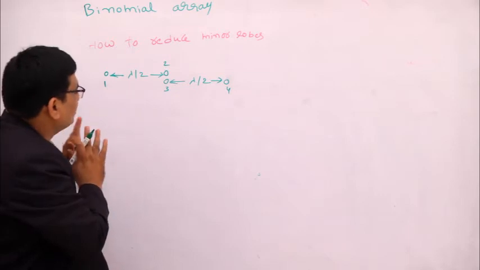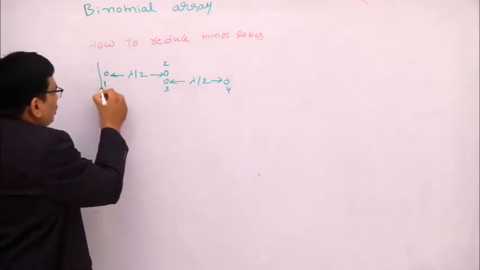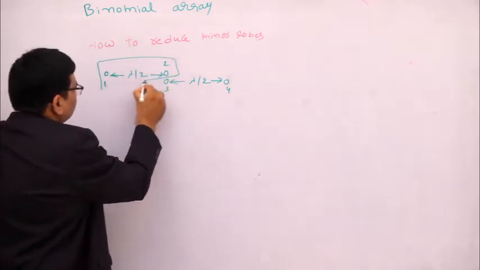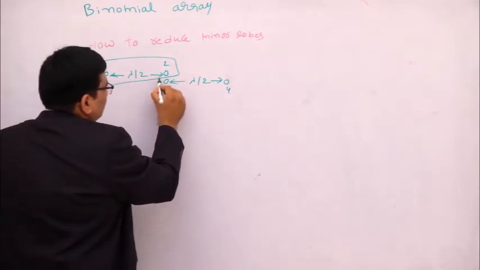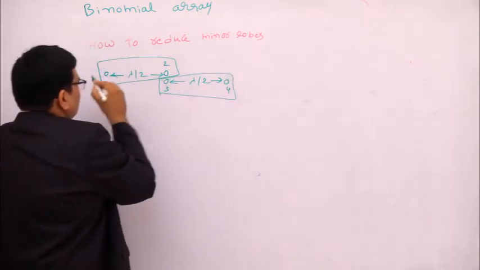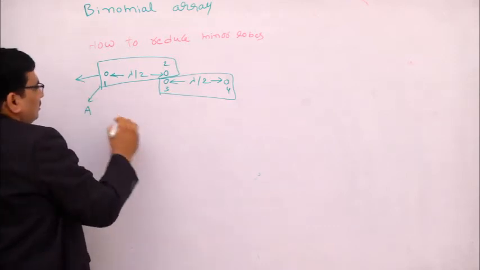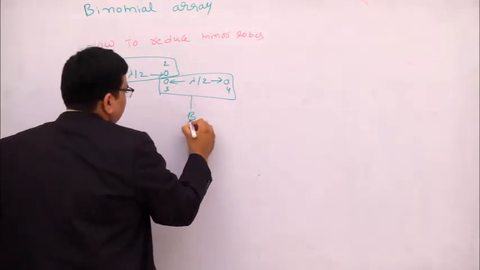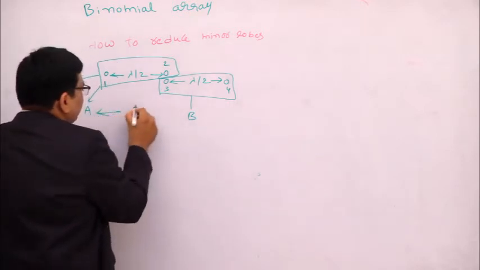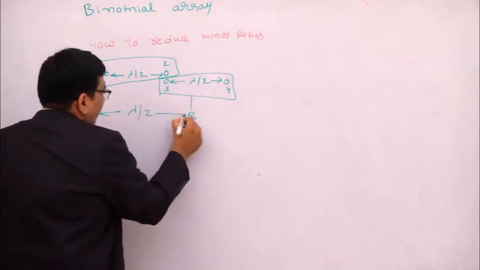Now here also we are doing the same thing. So 1 and 2 is one group, and 2 and 3 is another group. This group we call A, this group we call B, and now the separation between these two is lambda by 2.